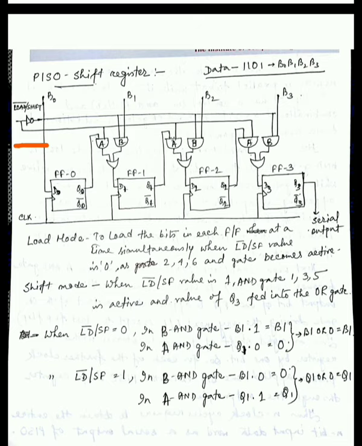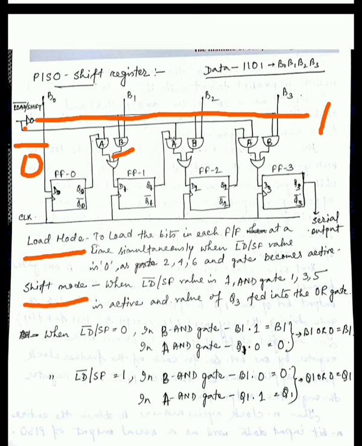Now depending upon this control line, there are two modes, load mode and shift mode. Why is it called load mode? Load mode means when this input value is 0. So this input value is 0 means the upper line gets 1, since this is the complemented value. Whenever this line gets 1, the B AND gate, which is connected with this line, will be active.